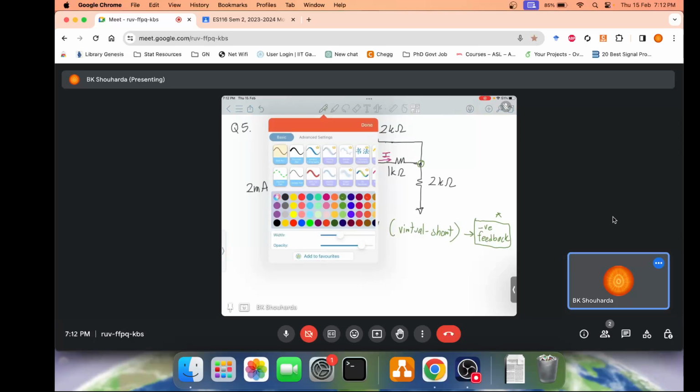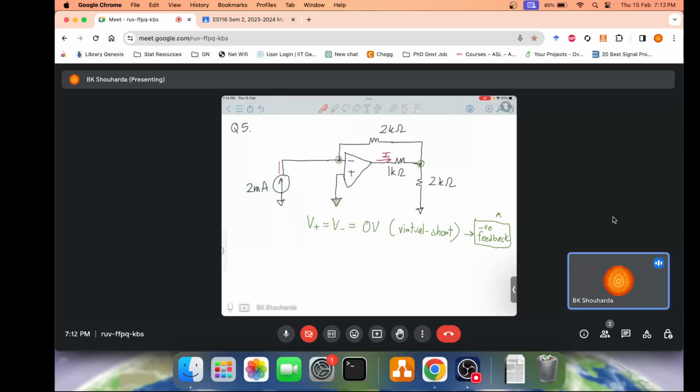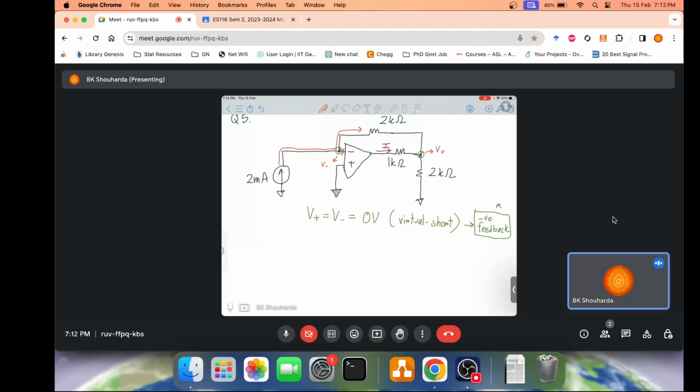Okay, so in that case, the 2 milliampere current flows into this node, and here we apply the other golden rule that current can never enter into the input terminals of the op amp. So the 2 milliampere flows down from here. We have this V minus, and we need this output voltage V out. So what can we write?